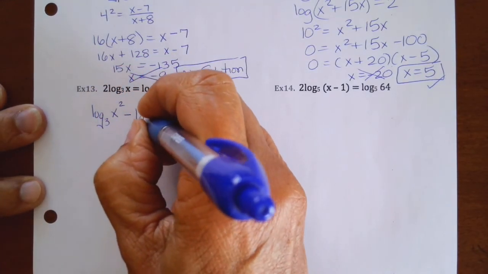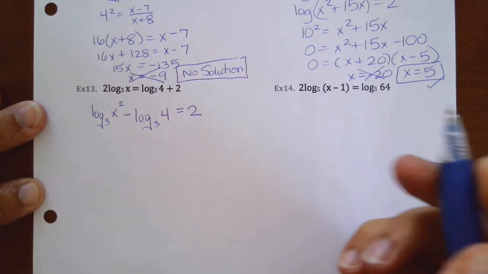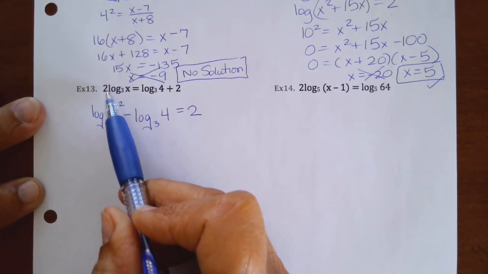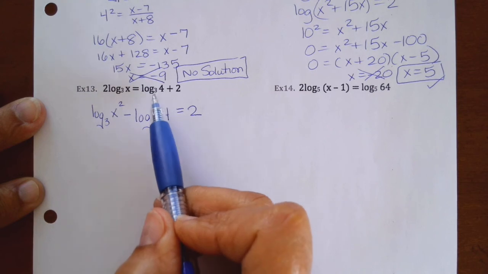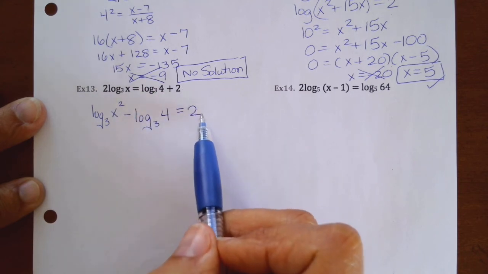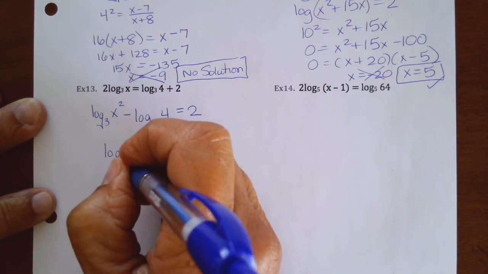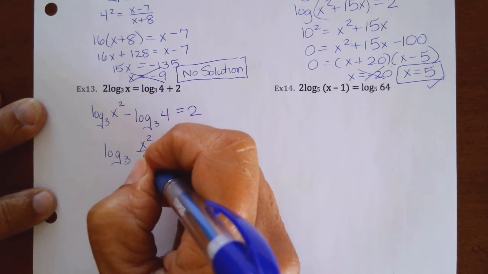That log needed to come over, so it became negative, and then that 2 stays where it is. So you got 2 logs being subtracted. So that means you're going to divide x squared by 4.